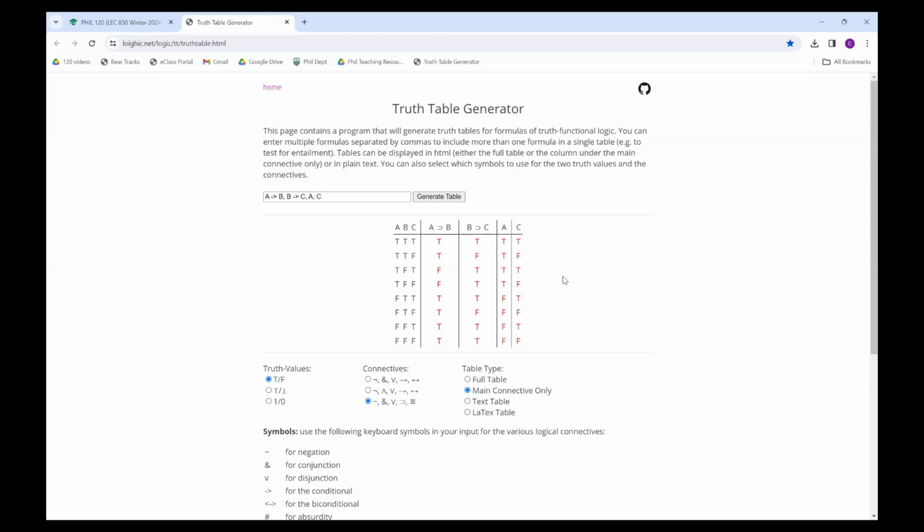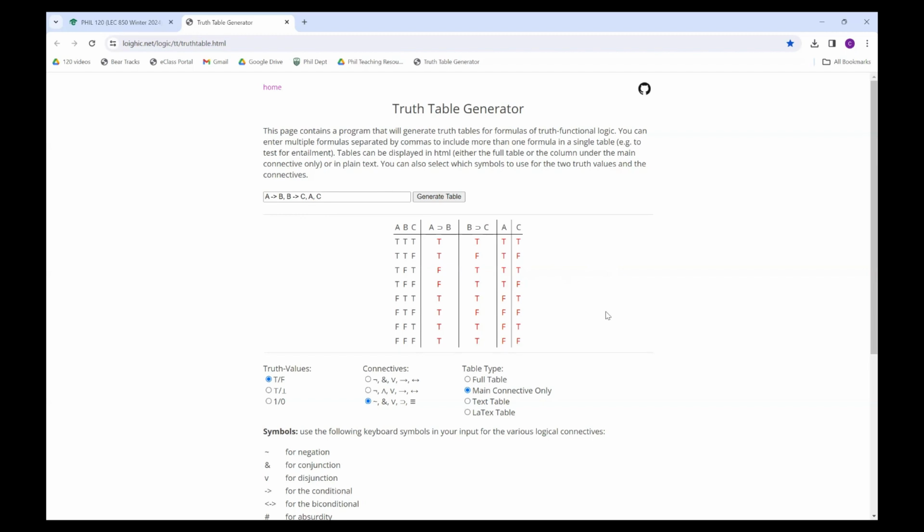Now, what we want to do is find a line of the table where all of the members of the set are true. And we want to see if there are any such lines where the target sentence here is false.